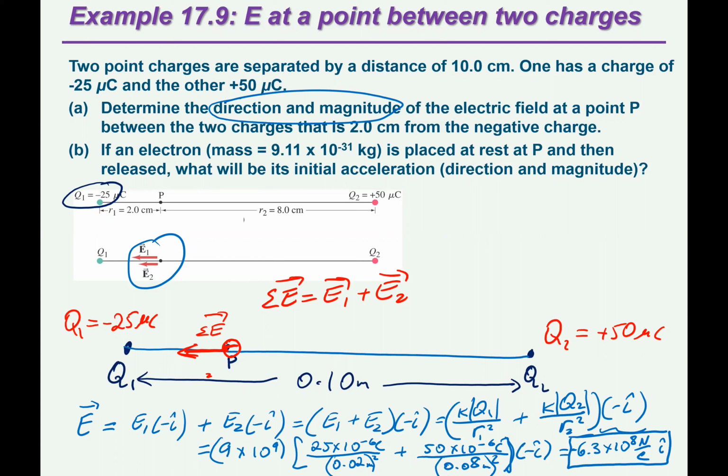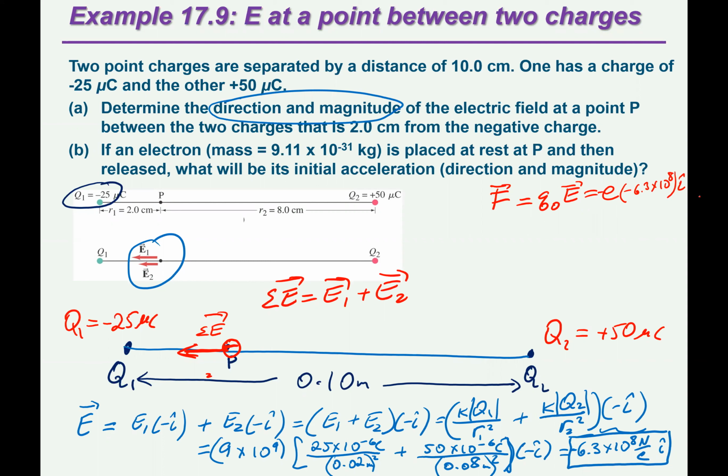Well, the electron has a force acting on it, that electric force. Remember, electric force equals q naught times electric field. Now, what is q if it's an electron? It's just e, and here it's negative e because it's a negative charge, times the electric field, which here is negative 6.3 times 10 to the 8 i hat.